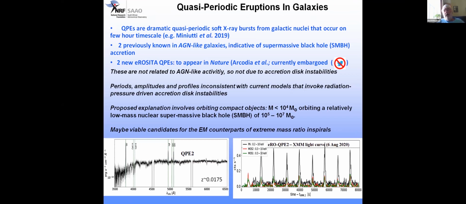These are only the third and fourth quasi-periodic eruptions ever detected. The previous two were found in AGN galaxies.